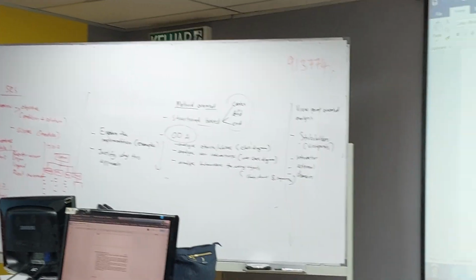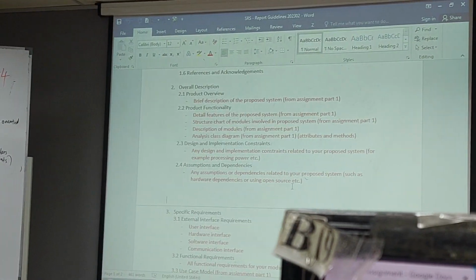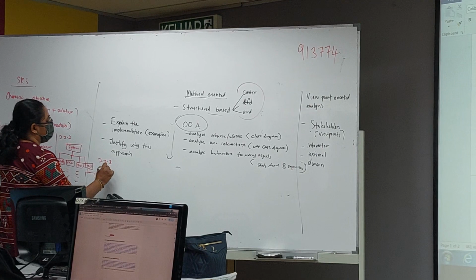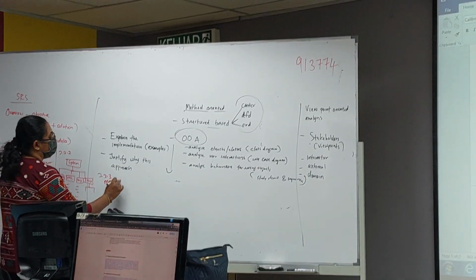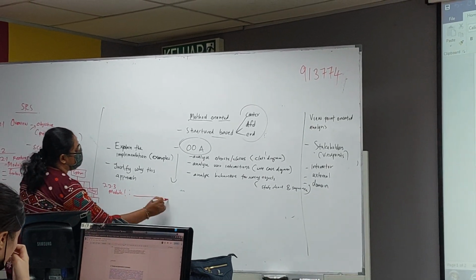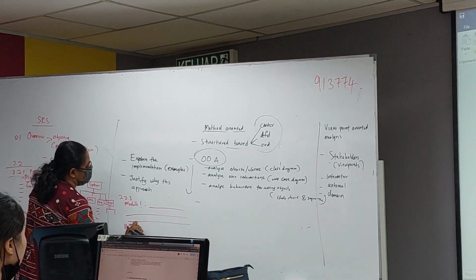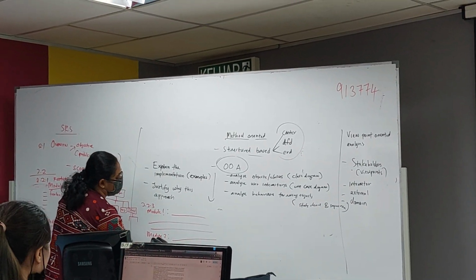Third one, description of modules. Briefly explain to me each module, the purpose. So you can give me 2.2.3, module 1 explanation, module 2 explanation.